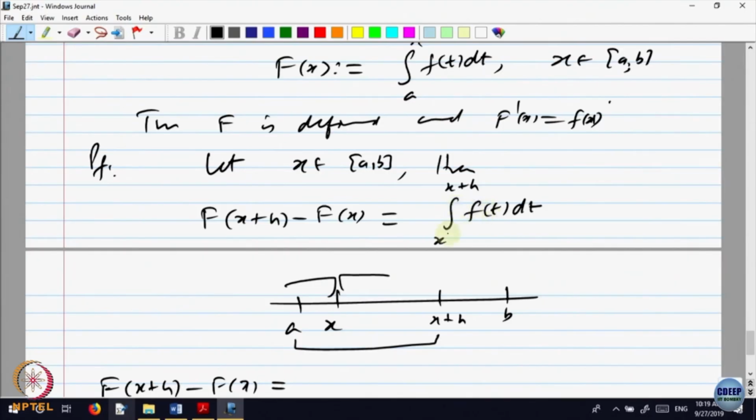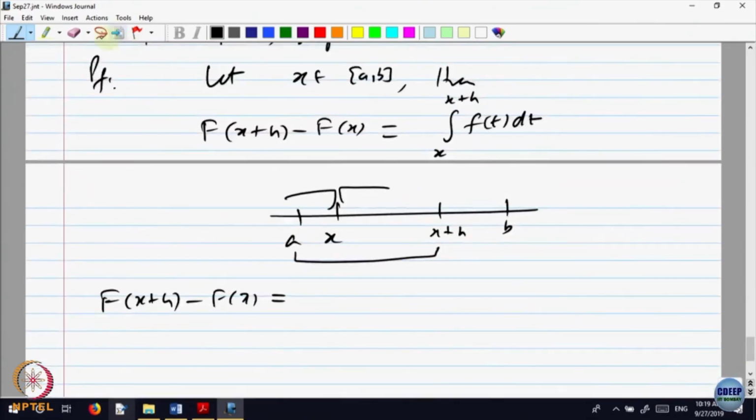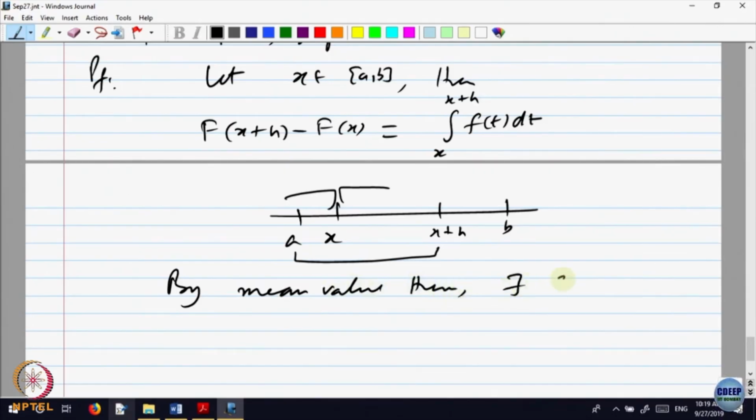So there must be a point in between x and x plus h such that this integral is equal to f at that point times the length, which is h, right? Let us write, before this, by the mean value theorem, there is a point c_h, which depends on h, belonging to x to x plus h.